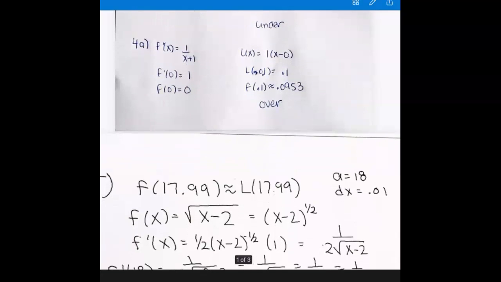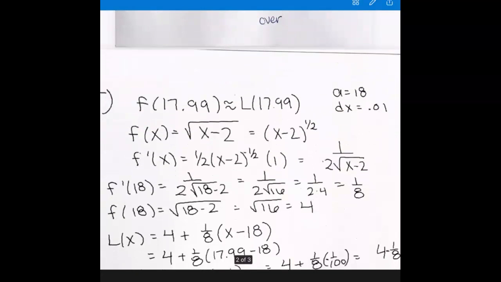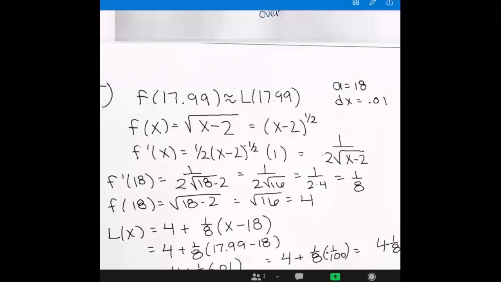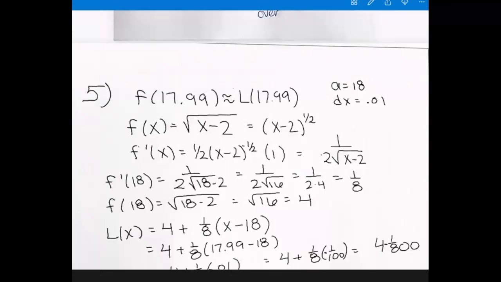Okay, and then 5. So I did 5 a little differently, just because it comes back in chapter 7.